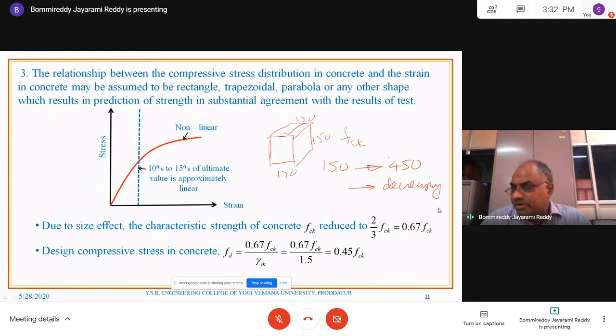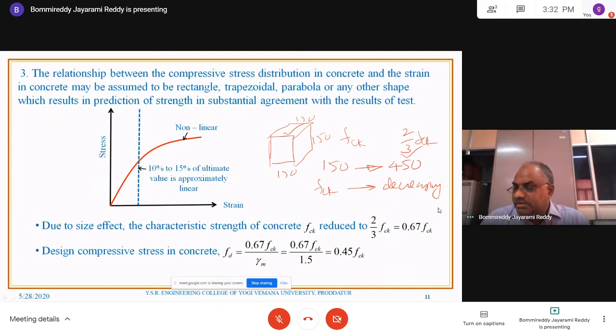So what normally we do is, up to 450 size of member, the stress is approximately equal to 2/3 of fck, because for 150 it is fck. For 450 it is nothing but 2/3 fck, and most of the members in practice are larger in size than the 150 size of the cube.